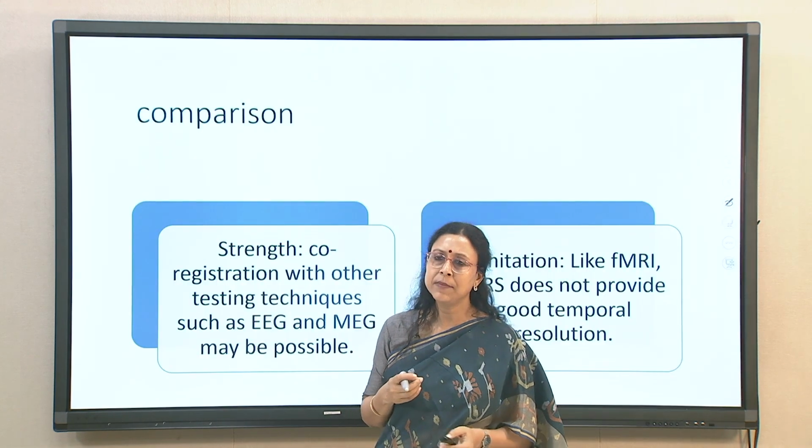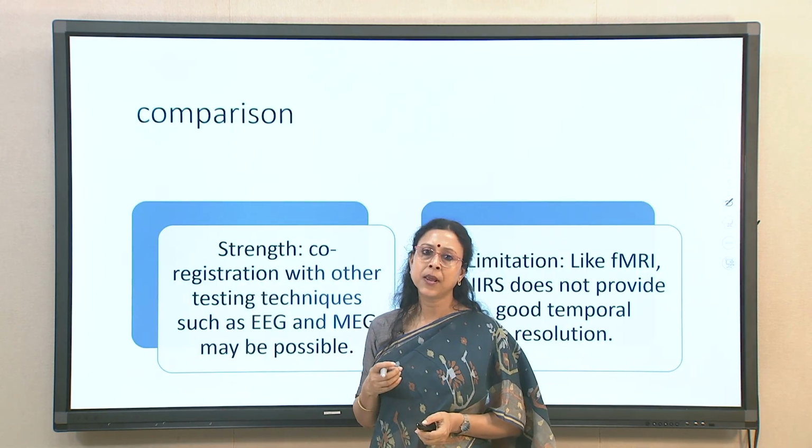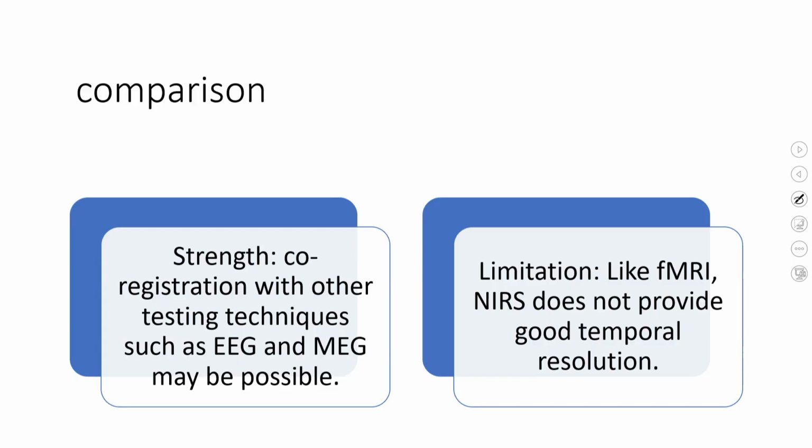So, they are similar. Now, if you compare among these, the one good thing about NIRS is that co-registration with other testing techniques such as EEG and MEG is possible.